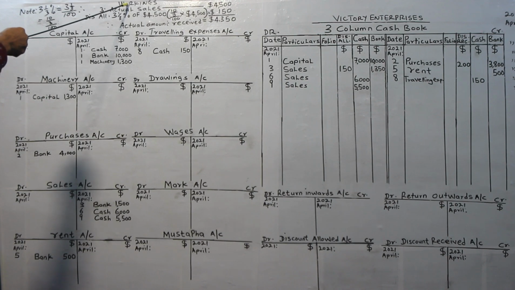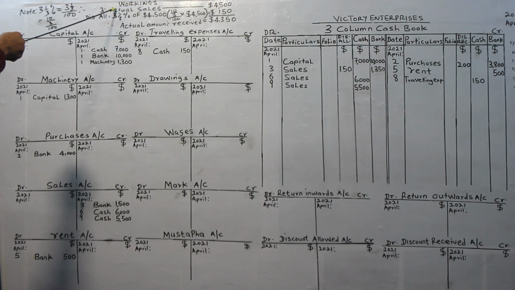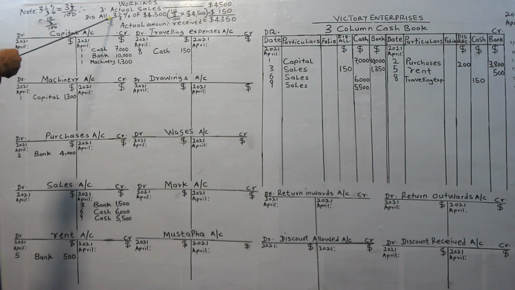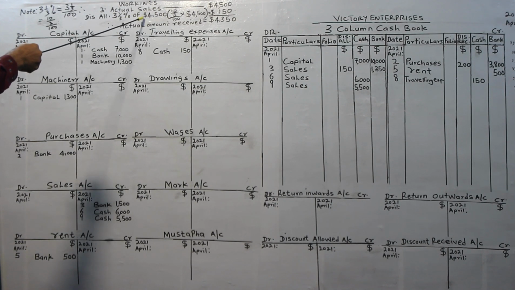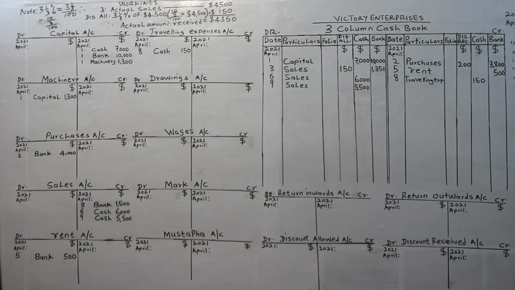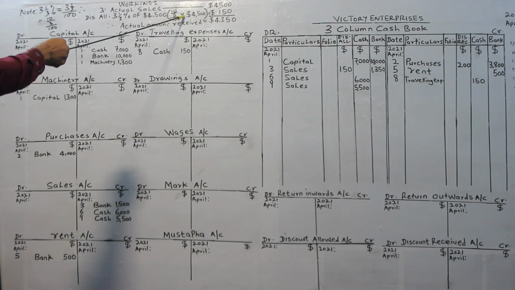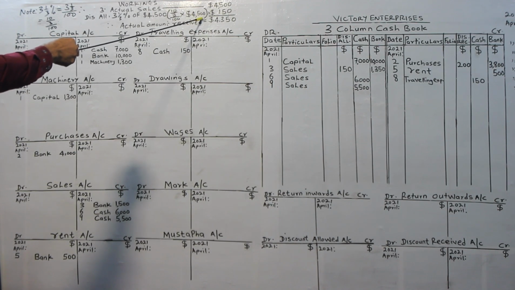We can now work out our discount by bringing the actual sales, which is 4,500. Discount allowed will be 3 whole number 1/3% of $4,500. This can be written as 10/3 divided by 100 times 4,500.